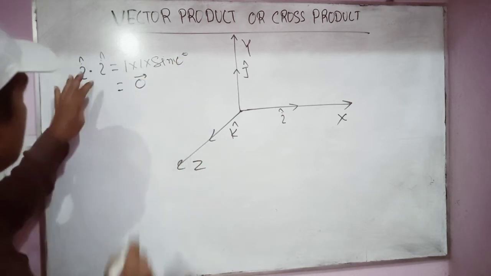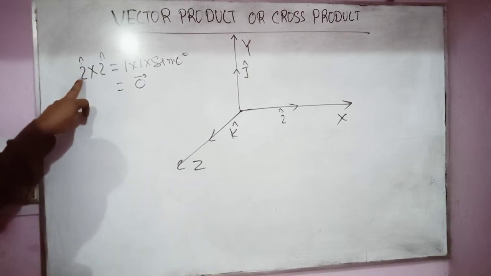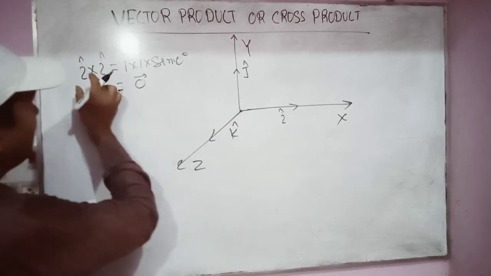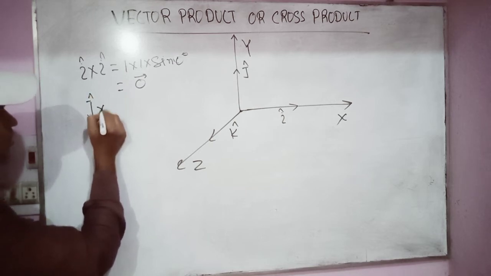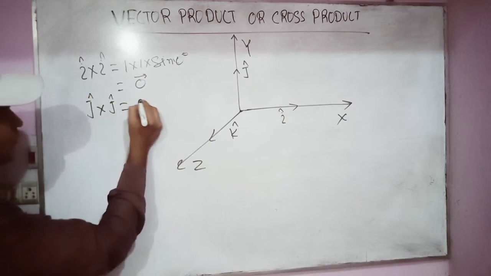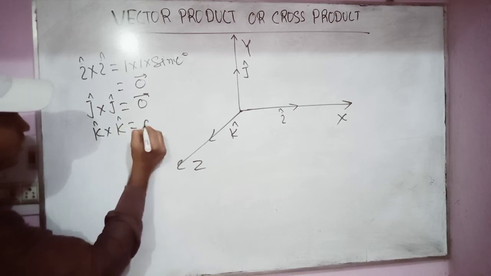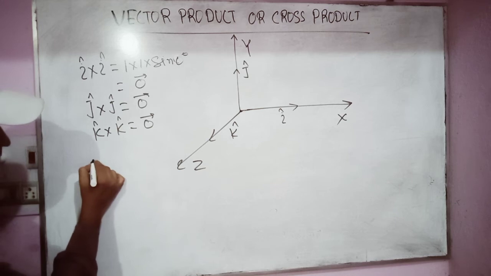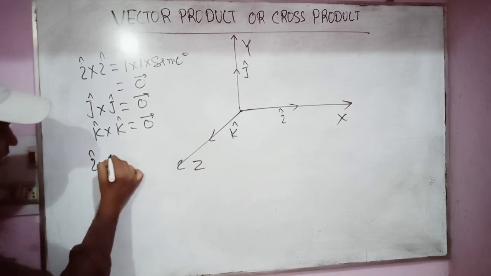So this is the cross product of vector i cap and i cap. So the cross product of i cap and i cap is a 0 vector. Similarly, vector j cross vector j is also a 0 vector, and k cross k is also a 0 vector.